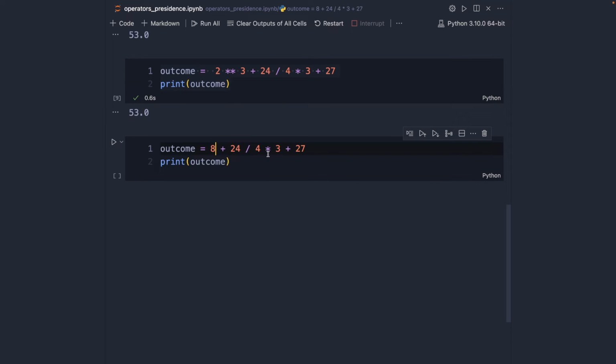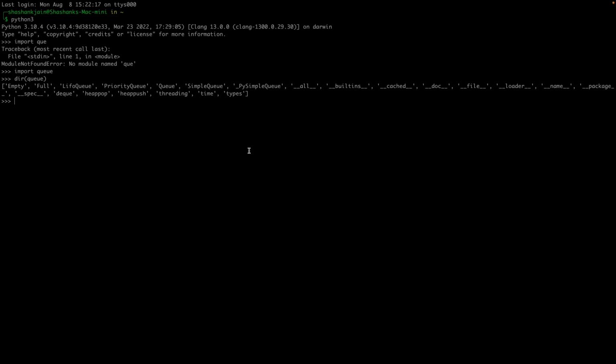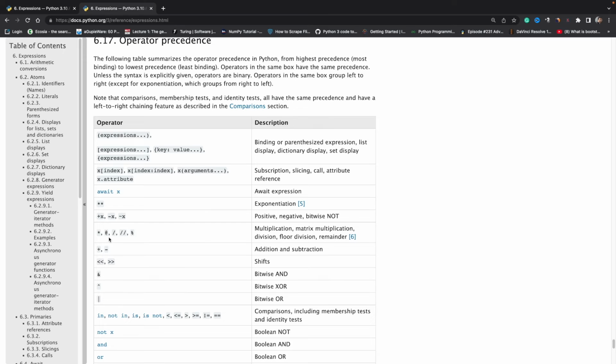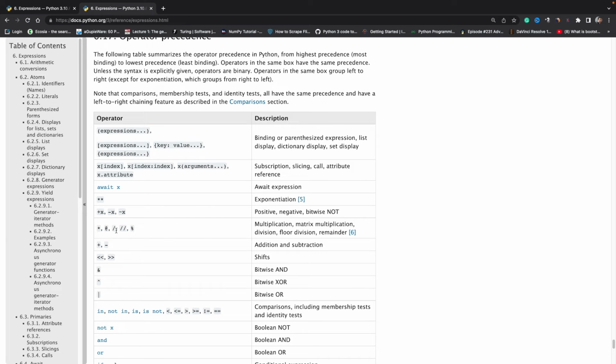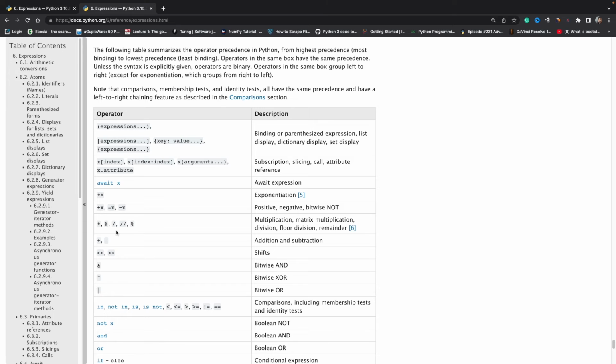Now out of all of these operators, which one will be evaluated? If you look at it now, the highest precedence is with the multiplication and divide operators, but multiplication and divide have the same precedence. When they have the same precedence, they will be evaluated from left to right, apart from exponentiation.